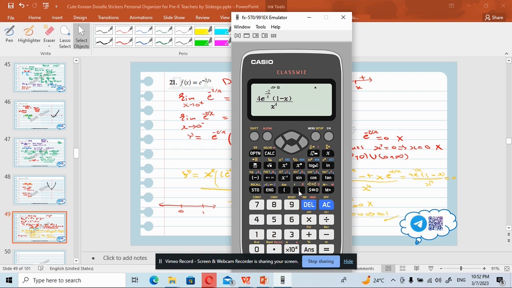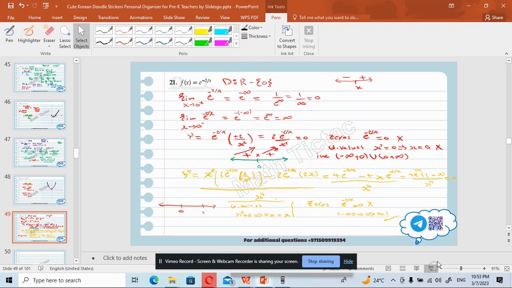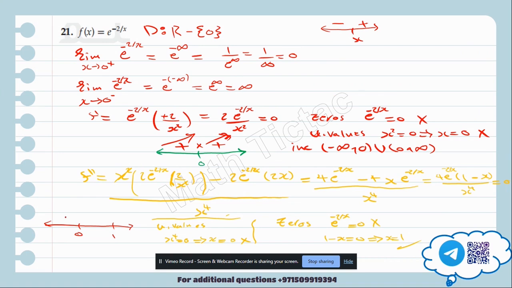So let's calculate it at a value less than 0. Let's say it's minus 1. So this is positive. What about a value greater than 0 and less than 1? So 0.5. This is positive as well. So positive, positive. Let's say if we have 2, negative. So here we have positive, positive, and negative. So this is concave up, concave up, concave down.